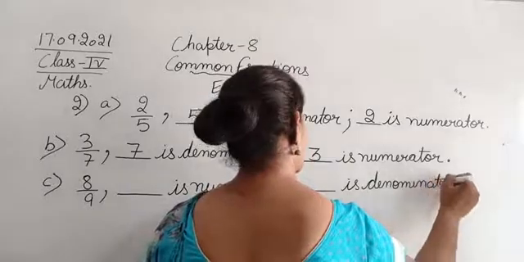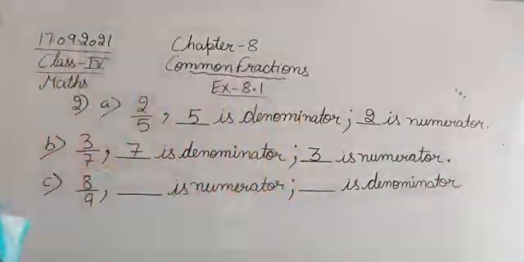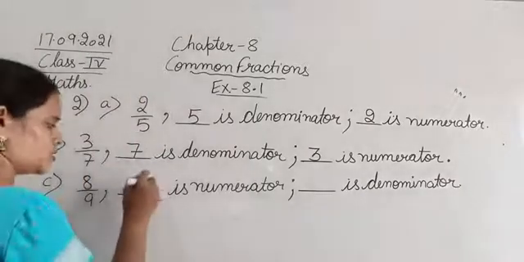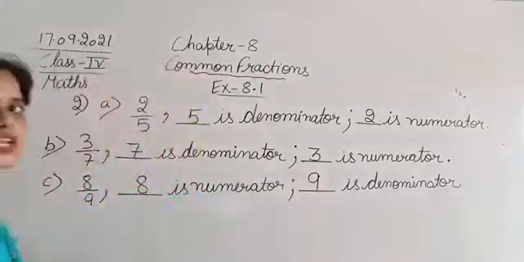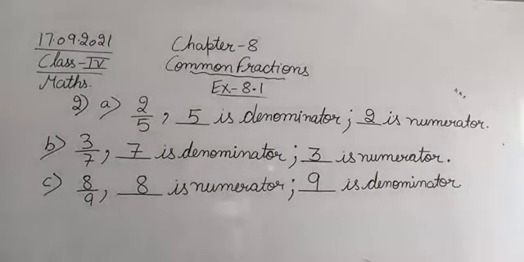Clear? So what is the numerator? 8 is the numerator, whereas 9 is the denominator. Okay, so this is question number 2.